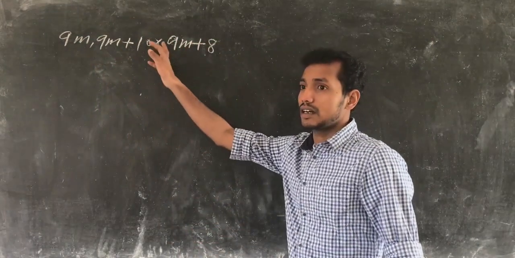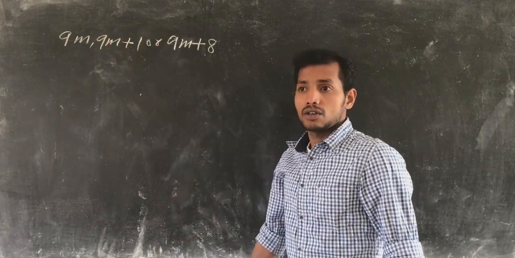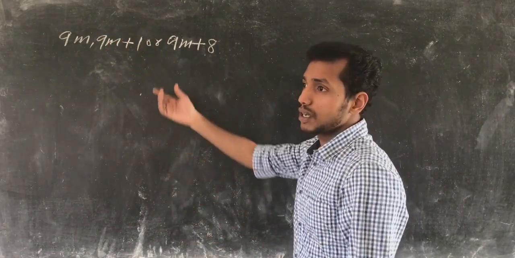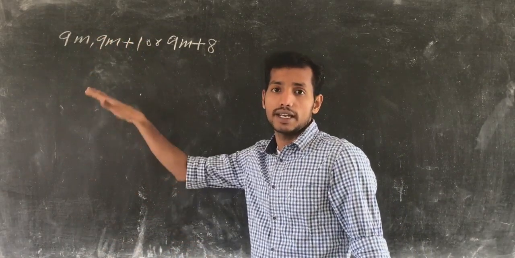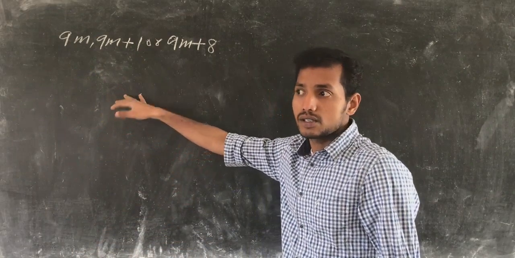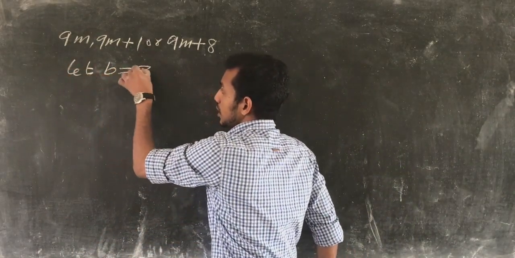So you might be thinking that here we can take b equal to 9. Of course we can take, but if you take b equal to 9, we need to take the cube of all the integers. Almost 8 integers will be there. So instead of that, we can take b equal to 3.